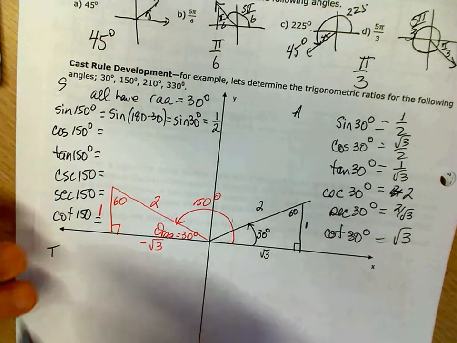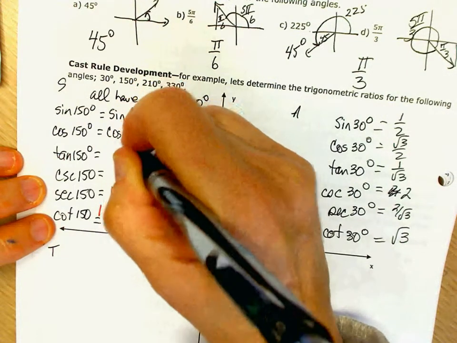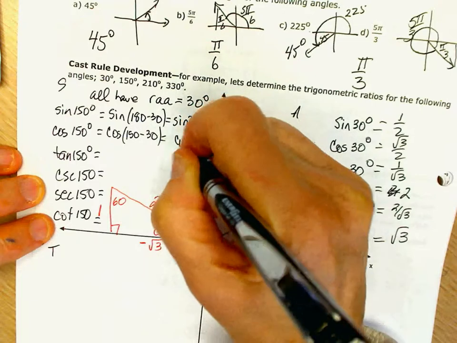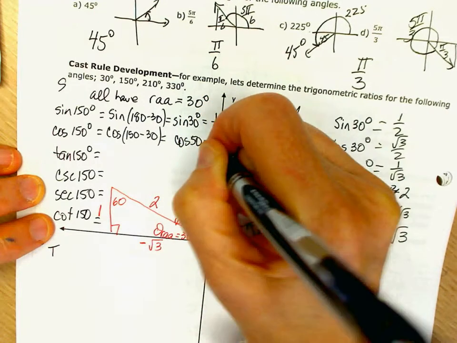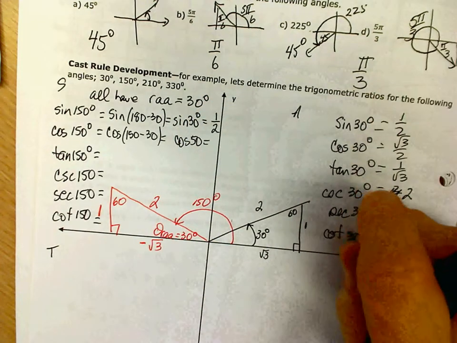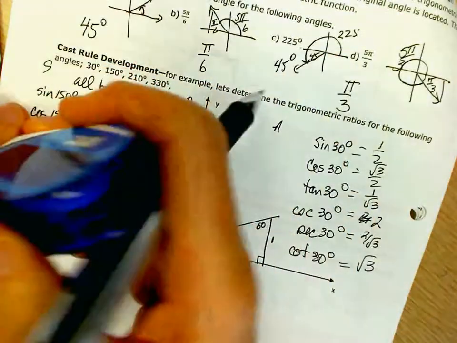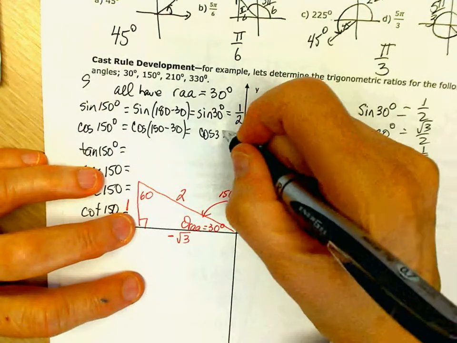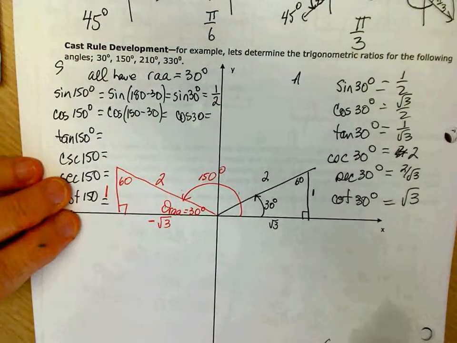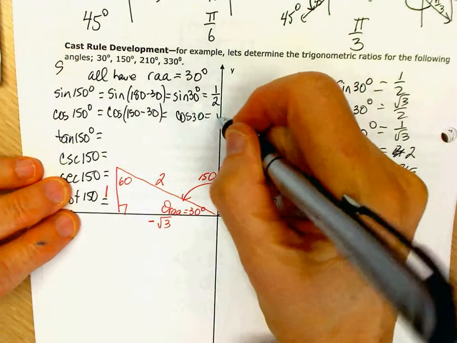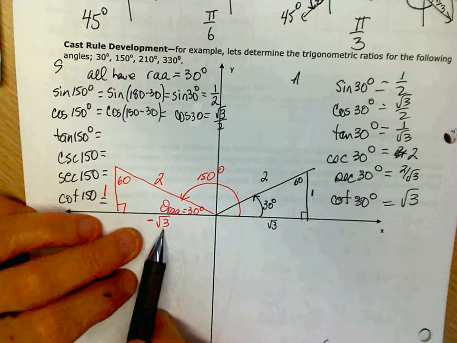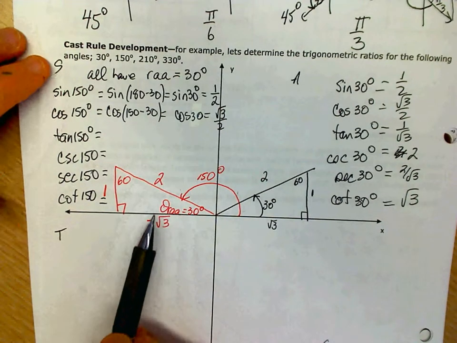Well, that's the cos of 180 minus 30, which is cos of 30 degrees. Cos of 30 is root 3 over 2, but the sign is negative root 3 over 2. So we know that cos is negative in this quadrant.